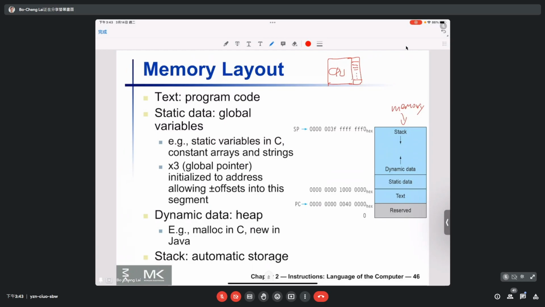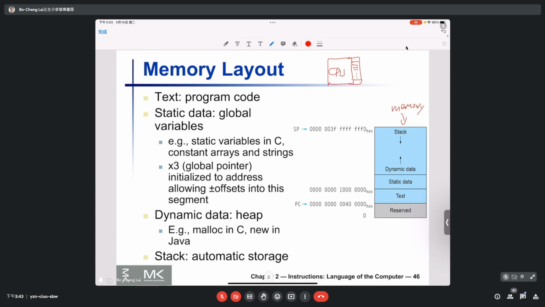And the x3 register, if you recall, is the fourth register. In the register usage, we use it as the global pointer. That means this register usually stores an address in this area.